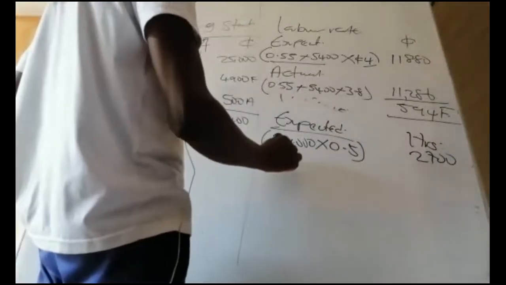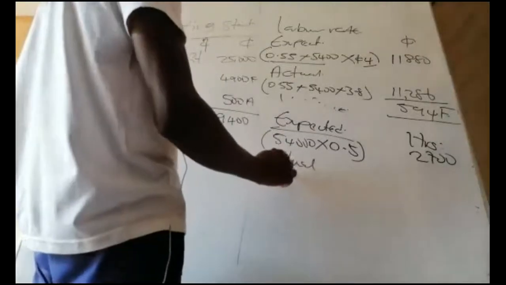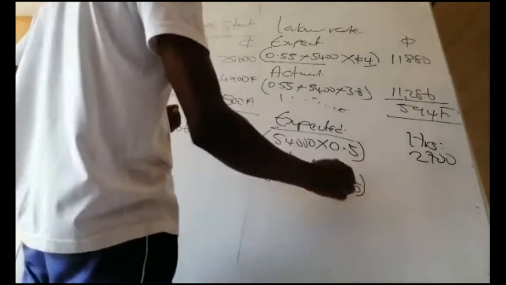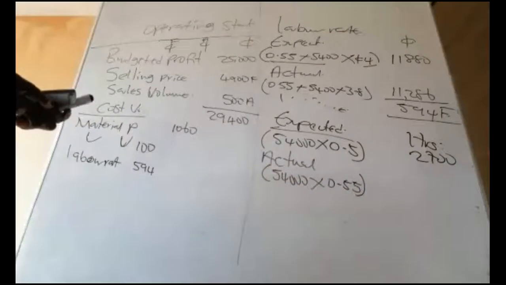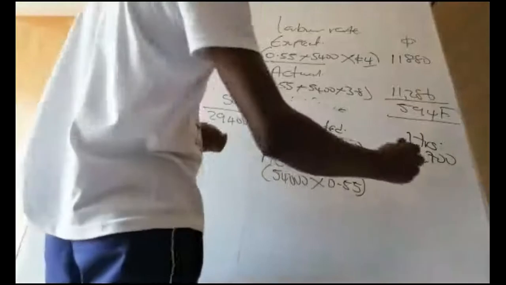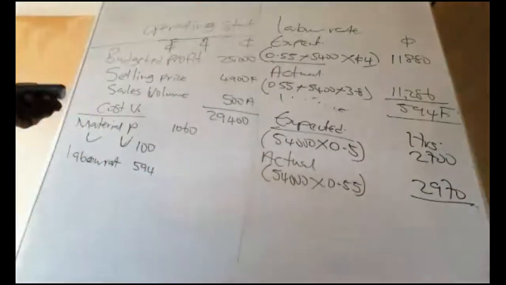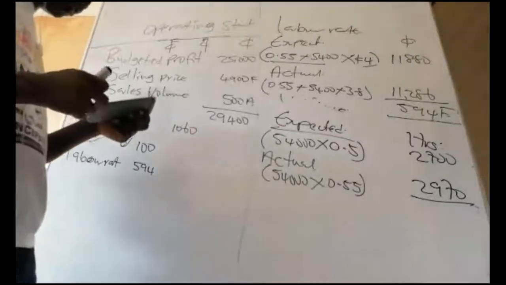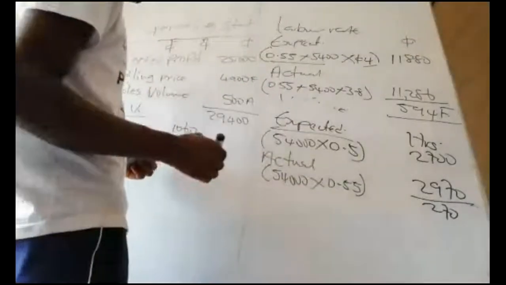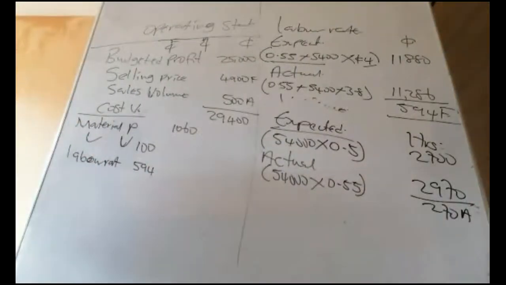Then the actual hours will be 5,400 times 0.55, so that's 2,970. Good. So the variance in terms of hours will be 270 hours, 270 adverse. It is adverse because you spent more time than expected.